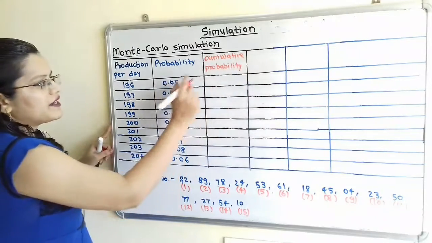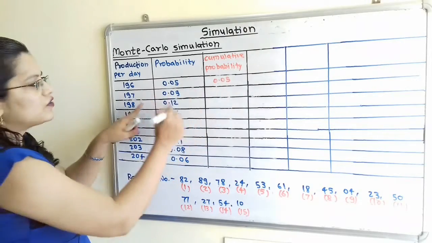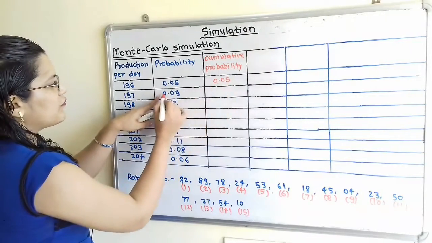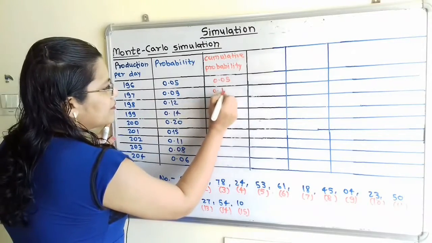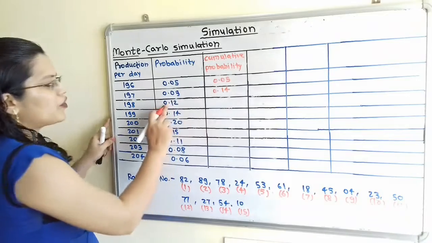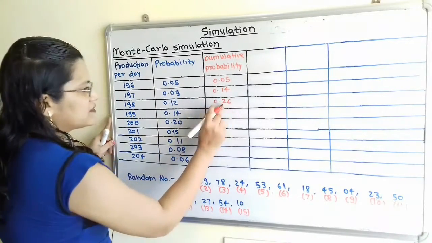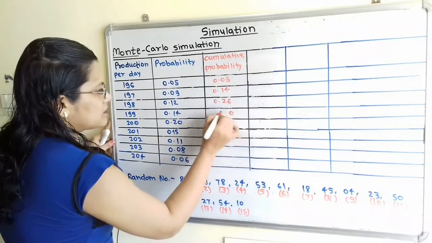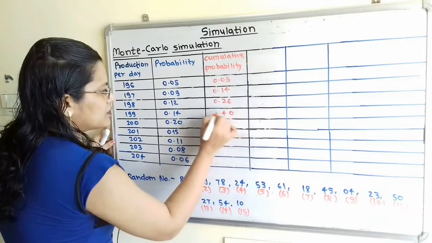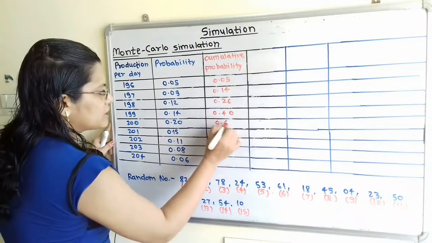First we will write as it is 0.05. Then for the second row we have to take 0.05 plus 0.09, that is 0.14. Then 0.14 plus 0.12, that is 0.26. 0.26 plus 0.14, 0.40. 0.40 plus 0.20, that is 0.60.